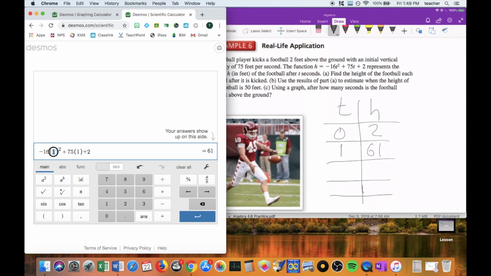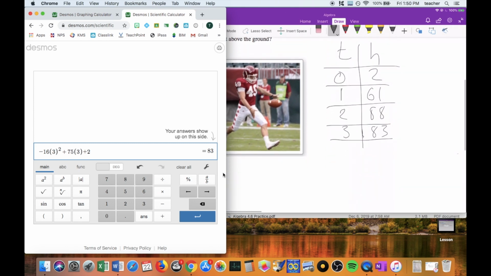Now I'll do 2 seconds, and now it's 88 feet in the air. And then I'll do 3 seconds, and now it's 83 feet in the air. I'll scroll this down a bit and extend my table. And then for 4 seconds, I get 46.